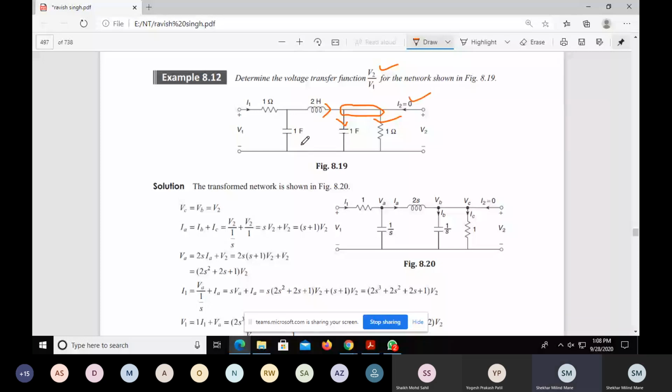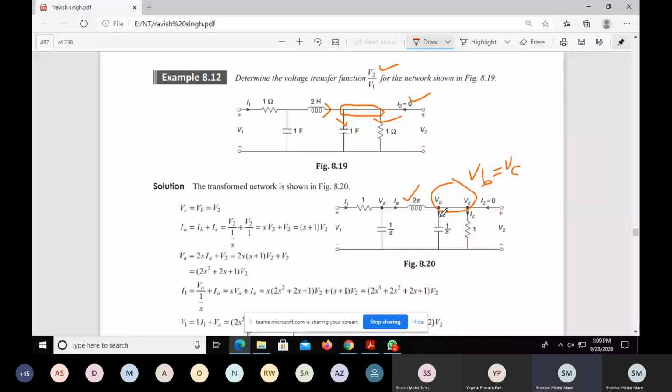The assumptions they have made: IA is flowing through 2S, and the current flowing through the 1 farad is through 1 by S, and these are IC and IB. But VB and VC are both the same, VB is equal to VC, because there is only one line.